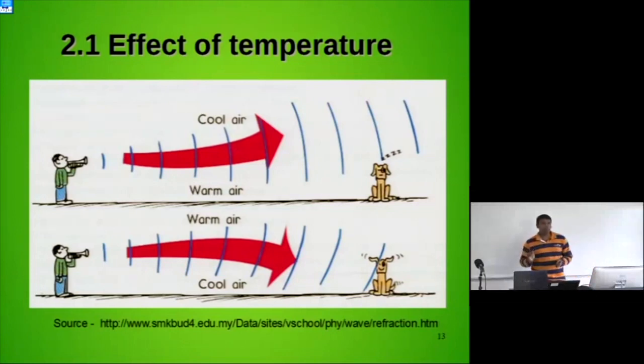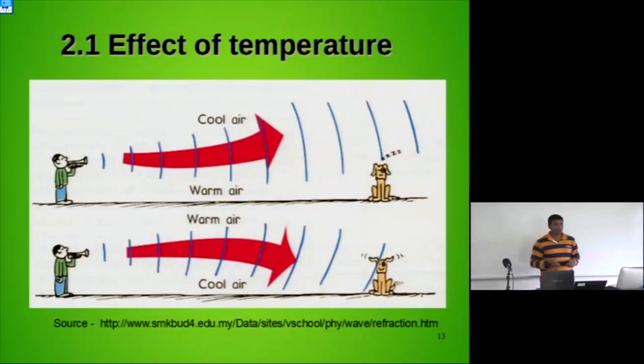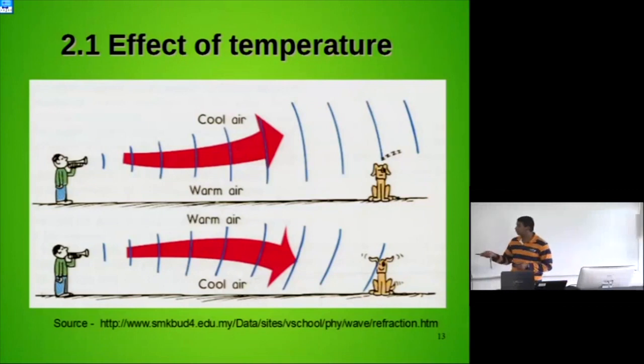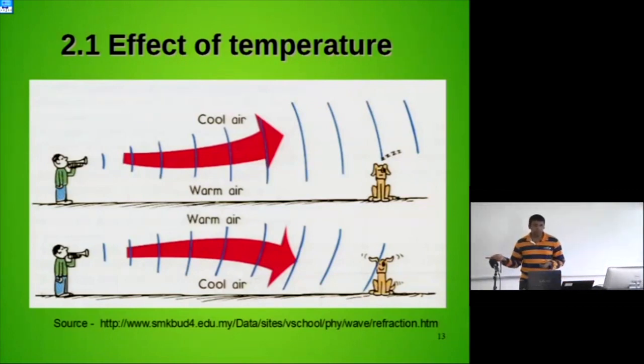The temperature will change the sound direction. That's a problem. In greenhouses, actually the temperature changes with time, and we normally have a temperature control system. And this is the warm air.